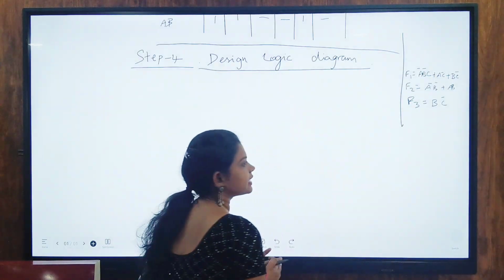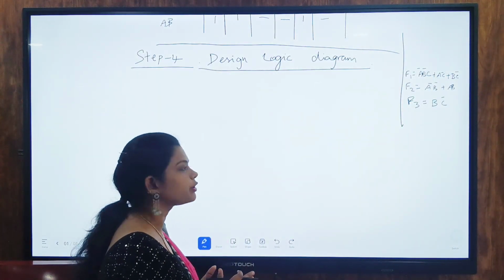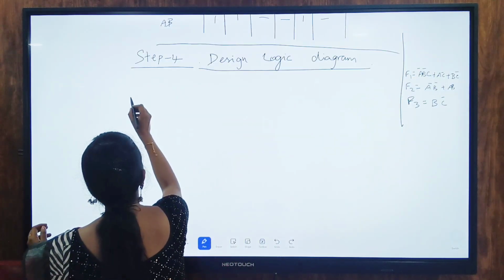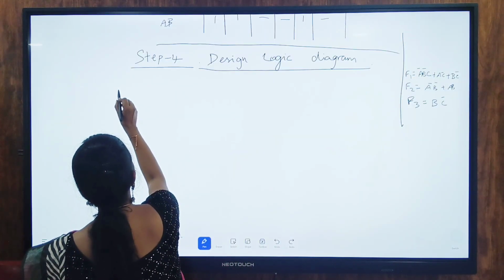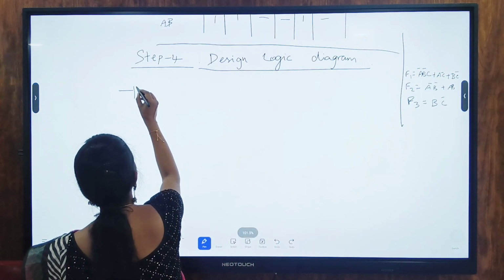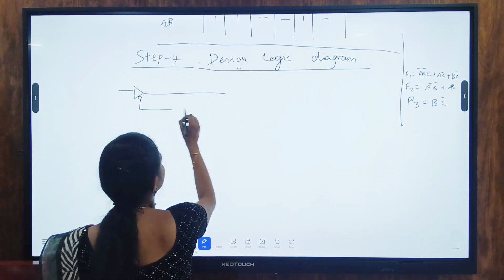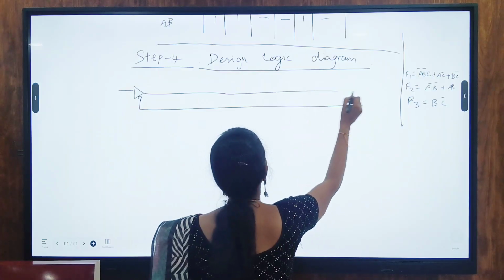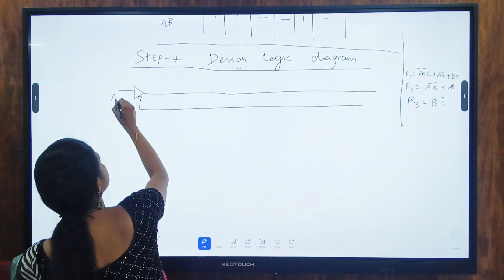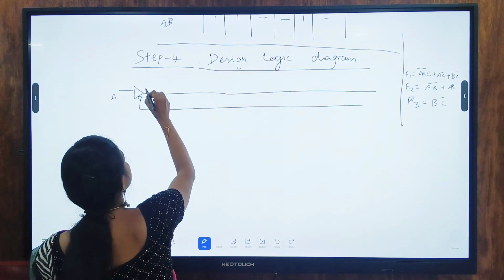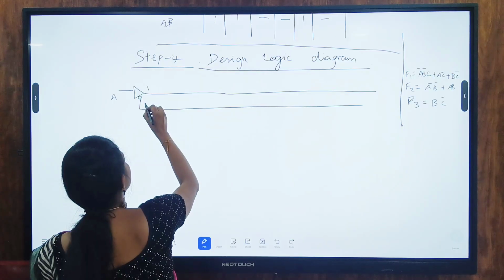So what are the three variables? A, B, C. I am going to draw a buffer for that. This is A. This represents 1 and 0.